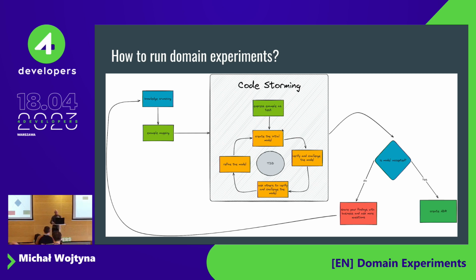Okay, so what happens next is we ask ourselves, is this model the best one we can do at this point? Is it our best decision? Is the model accepted? If it is, we create an ADR, architecture decision record, but applied to the design model. So we say, given the context and our needs, we decided to, for instance, use aggregates with such and such method because of.